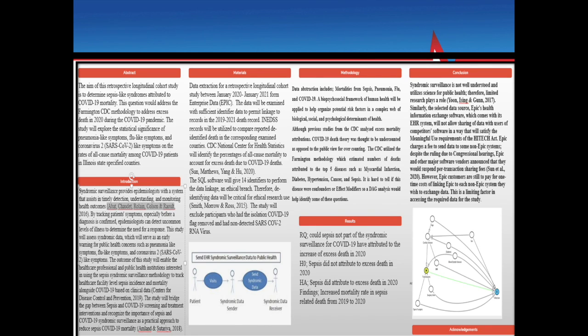The current variables include pneumonia-like symptoms, flu-like symptoms, and COVID-like symptoms. Those are the things reported from the ED and urgent care to the department. But sepsis-like syndrome is not added, and therefore we're not getting a clear picture of what COVID-19 mortality looks like.